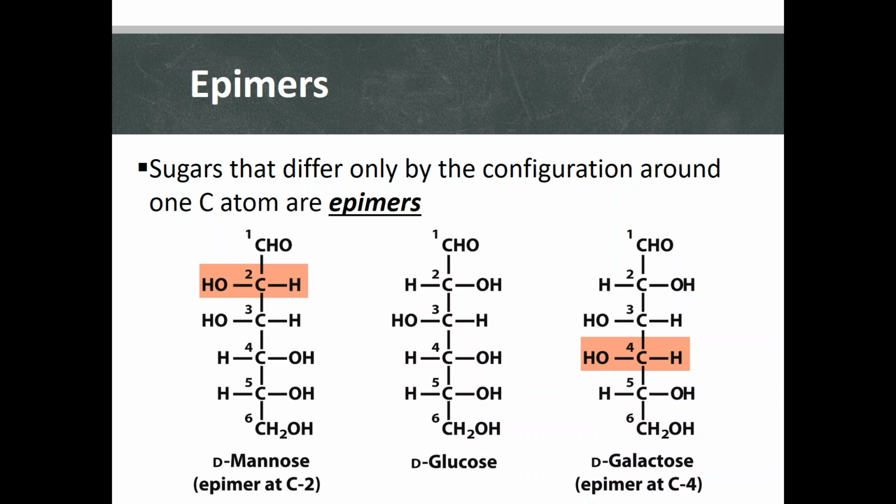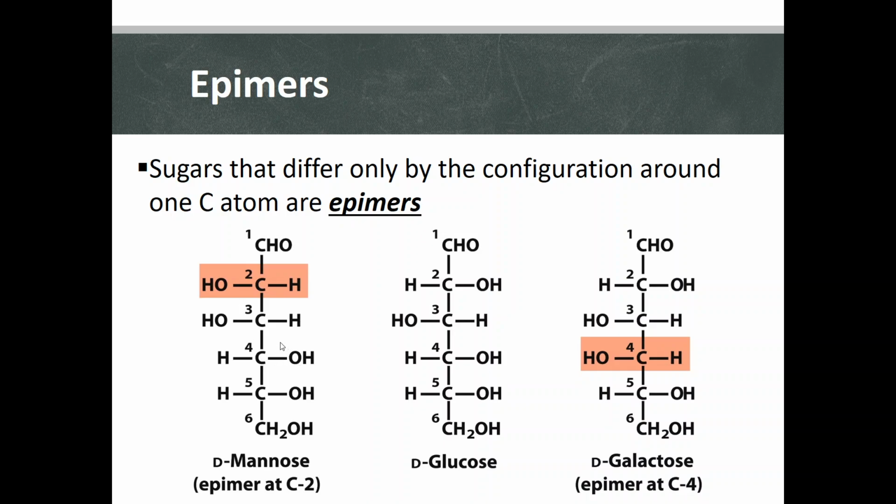While I'm at this mannose-glucose comparison, let's say we compared L-mannose with D-glucose. These would not be epimers, because in order for D-mannose to be converted to L-mannose, you would have to convert the configuration at carbon 5 while retaining everything else.